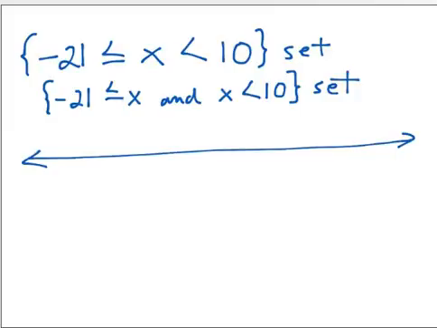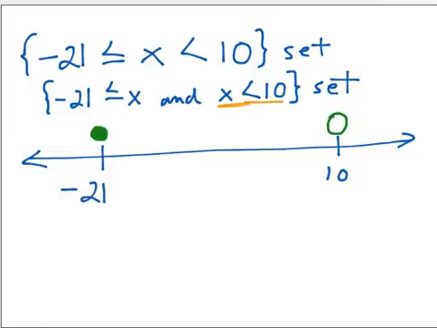The two numbers I need are 10 and -21. What kind of circle am I going to put at 10? Let's just think about this a little differently. The kind of circle I'm going to put at 10 is an open circle. The kind of circle I'm going to put at -21 is a closed circle. These are really critical, and you have to remember to look for the equal signs.